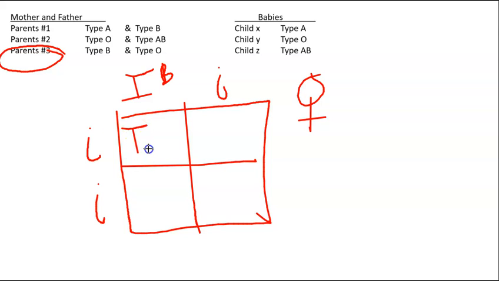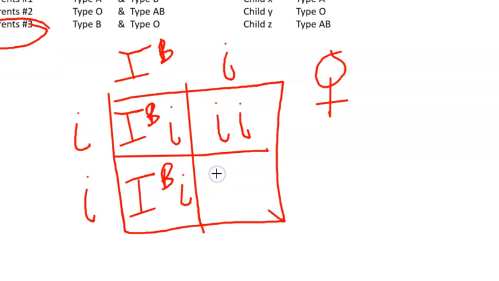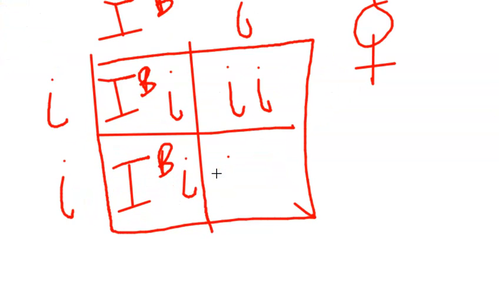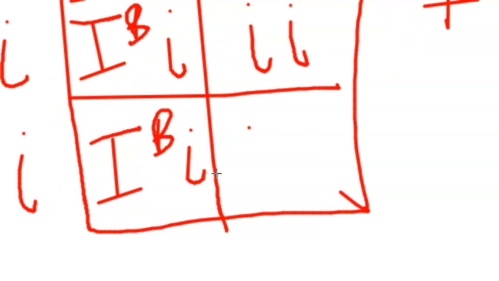We have IB, little i here. And then in this square, we have 2 little i's. And then in this square, we have IB, little i. And then in this last square, 2 little i's. I don't want to zoom in. I want to zoom out.